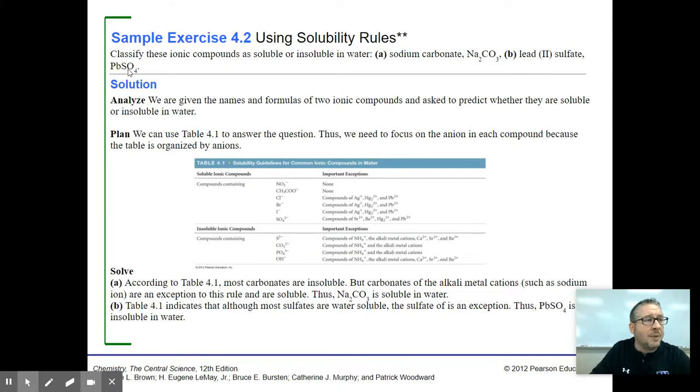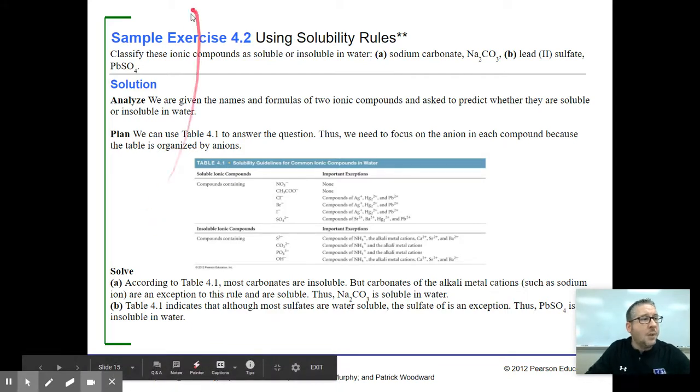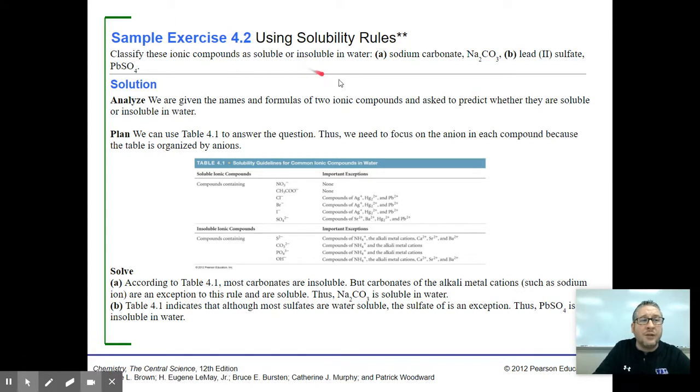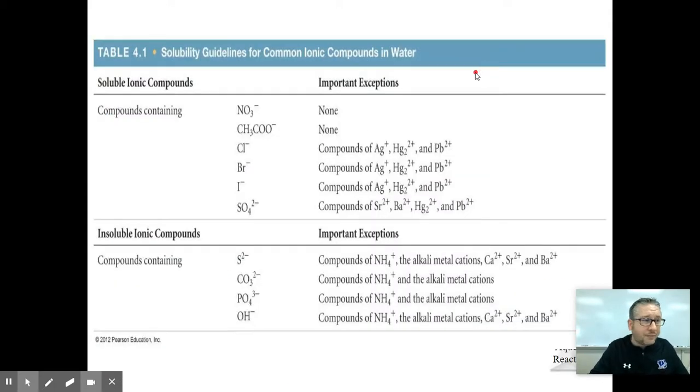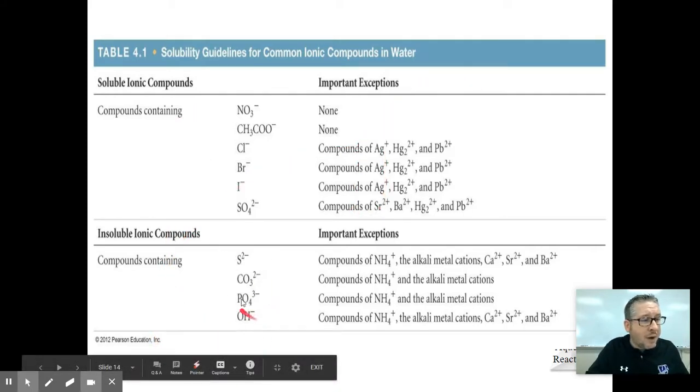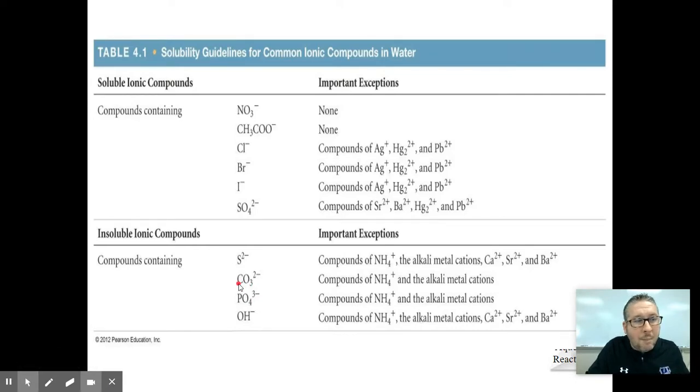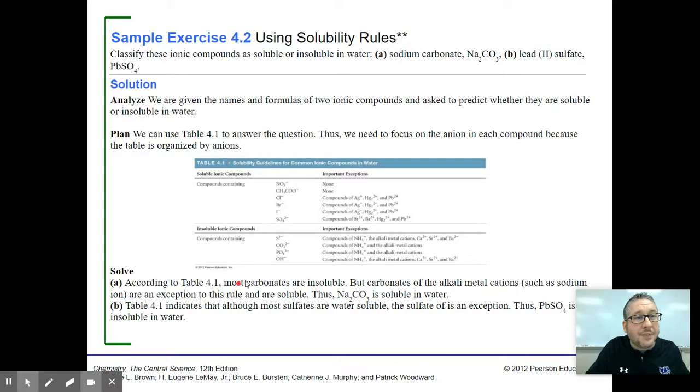So up here in the sample exercise, we are to classify these ionic compounds as either soluble or insoluble in water. We have sodium carbonate. Let's first shift our focus onto the anion, carbonate. Going back to the table, find carbonate on here. Carbonate is in the portion where it's insoluble, but we then look at its cation. It's bonded with sodium.